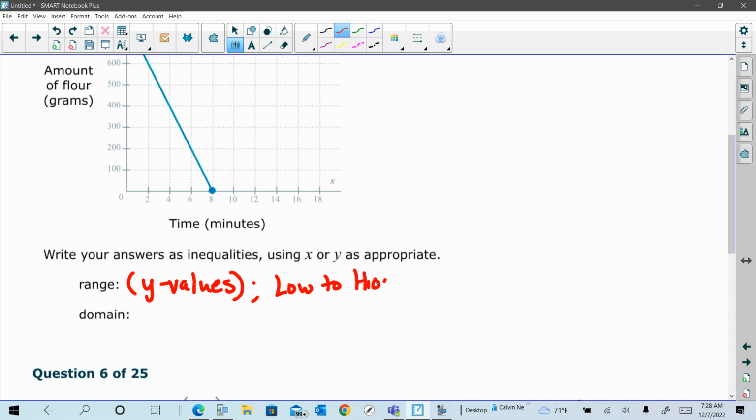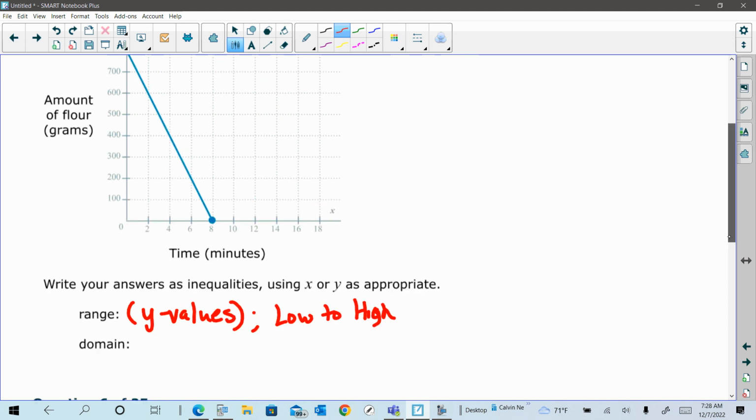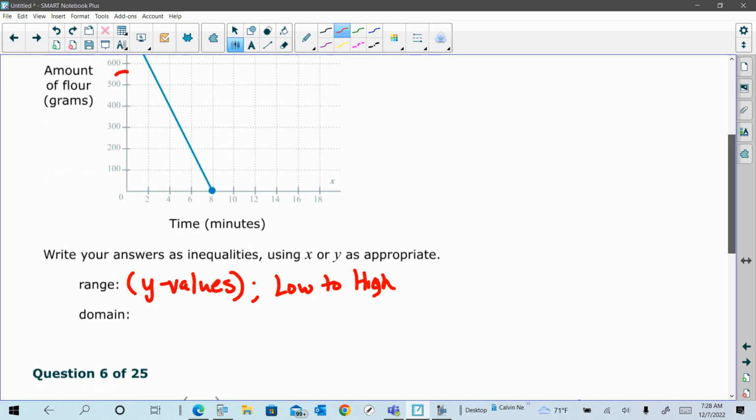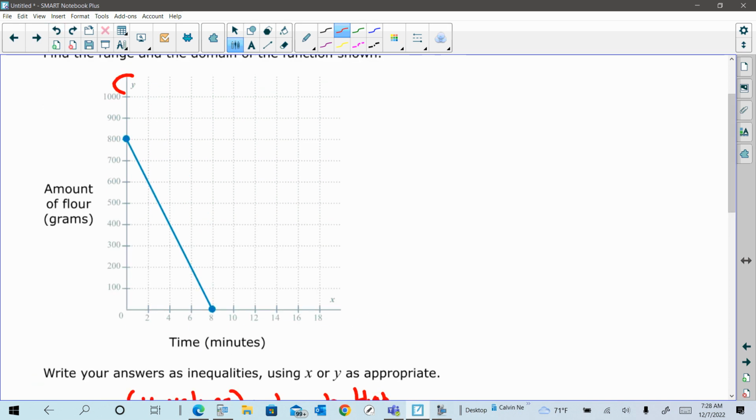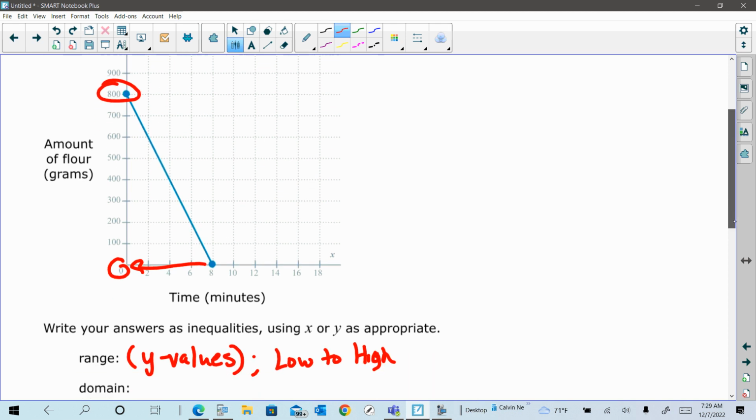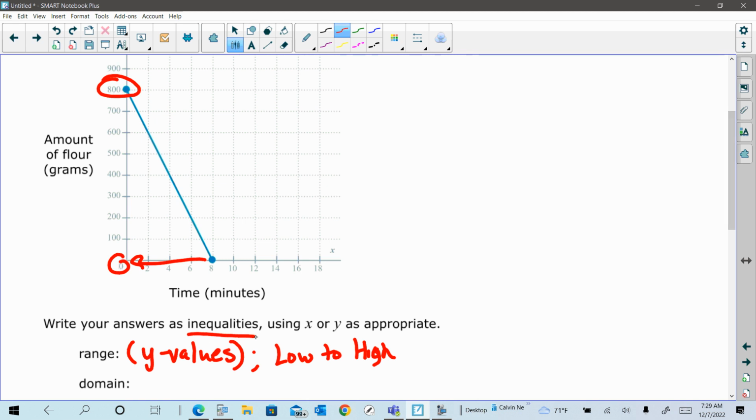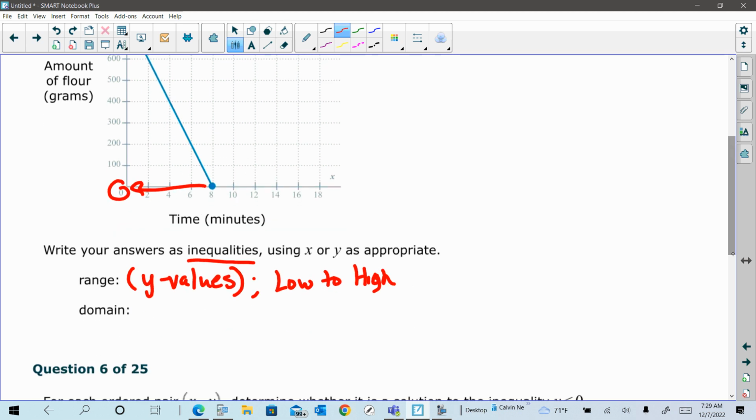The lowest point on the graph is on the y-axis. So if I look at this graph right here, there's your y-axis right here. The lowest point on the y-axis is 0. The highest on the y-axis is 800. So your range, as an inequality, low to high, would be 0 is less than or equal to y, which is less than or equal to 800.